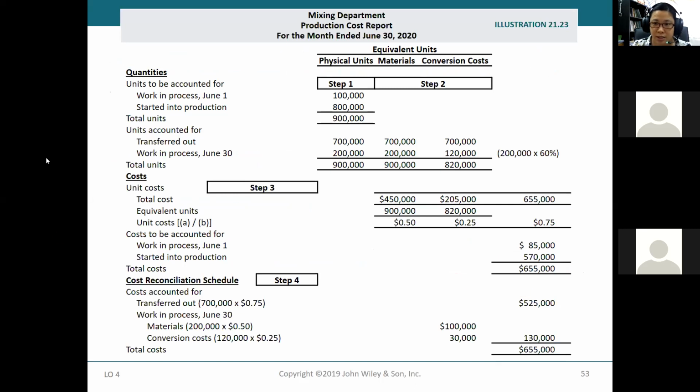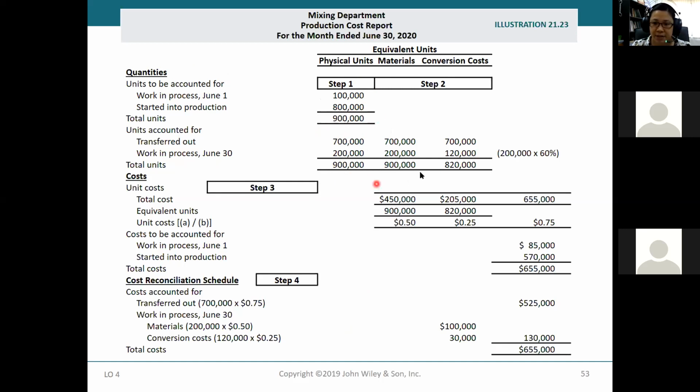Okay, so this is the whole production cost report, including 4 steps. Normally for test 3 and the final exam, if it is a closed book, then the students have to prepare the whole production cost report like this. Step number 1, we calculate the physical units. We make sure that 900,000 here is equal to 900,000 here, they are always equal.